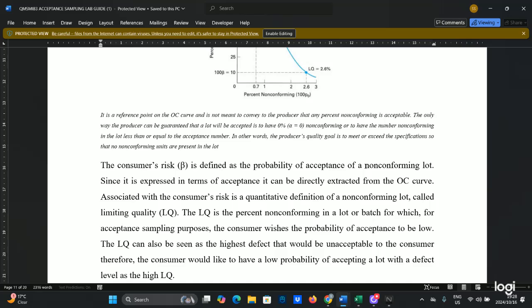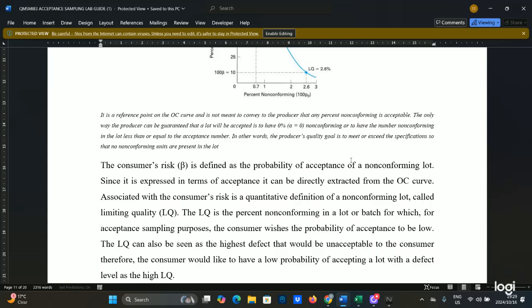So it's a risk associated with the producer. But the consumer's risk is the risk associated with the consumer, of selecting a non-conforming lot. It's the risk of the consumer accepting a non-conforming lot.